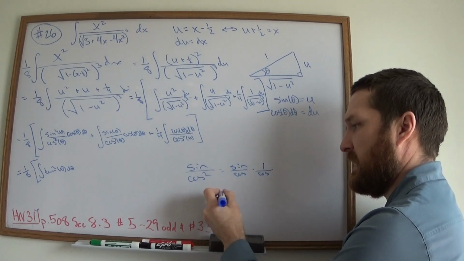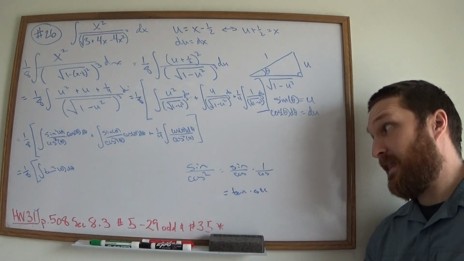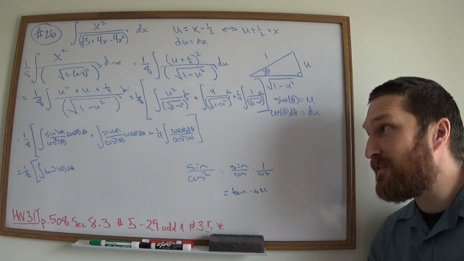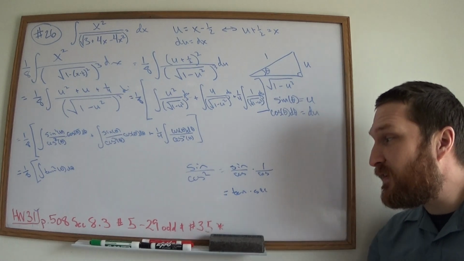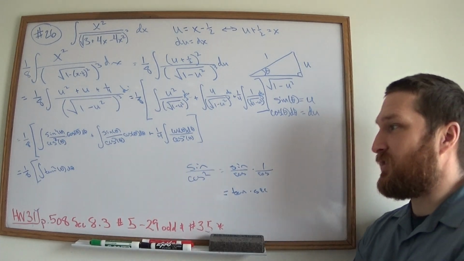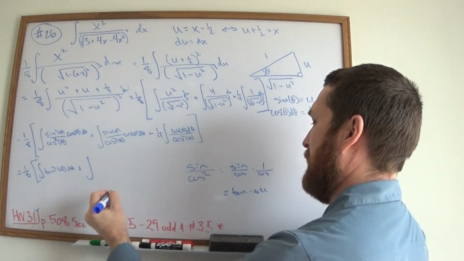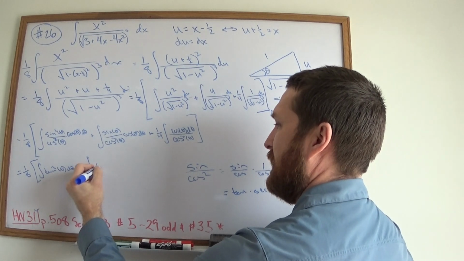Sine over cosine is tangent. 1 over cosine is secant. And is that the derivative of some function that we know? Yes, the derivative of secant is tangent times secant. So this looks like the direction I want to go with this one. So I'm going to rewrite this one as tangent secant.